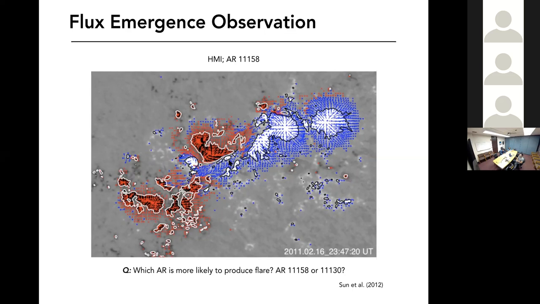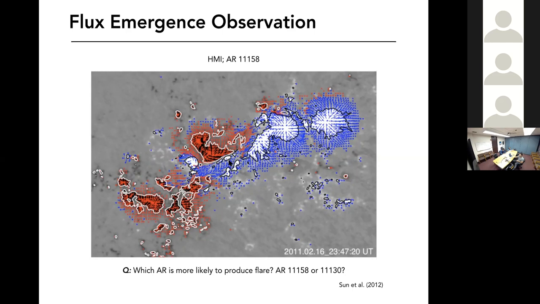So what happens is that, by the constraint of helicity conservation, as well as your surface field, let me say that again. Because the surface has high density and slower typical velocity, it should evolve slower than the corona. Which means that during the flare time, your surface field should not change as much as the coronal field.